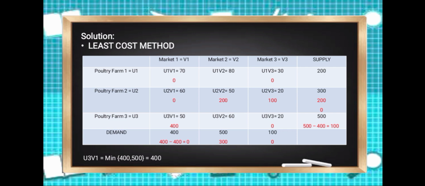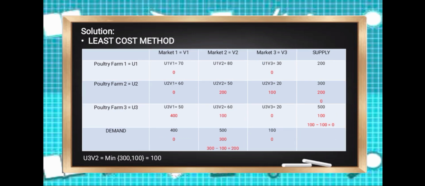And then find again the least value. So there are two unoccupied cells, which are 80 and 60. Since the least is 60, I will start in U3 V2. In U3 V2, the demand is 300 and the supply is 100. The minimum of that is 100.